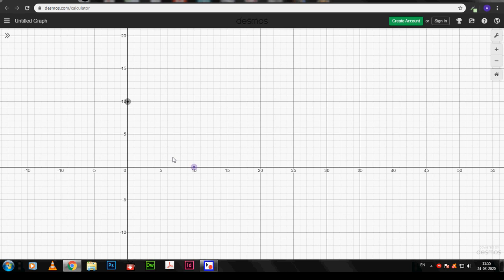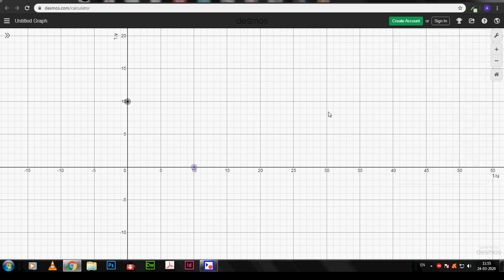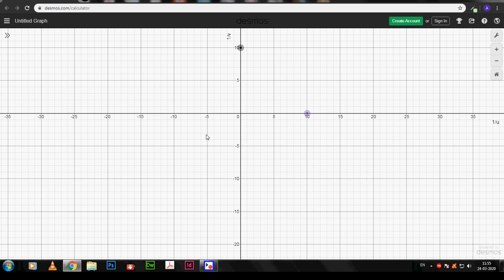So this line is giving me the 1 by u versus 1 by v curve. In the graph, you can define the axis labels like this. This is 1 by u, this is 1 by v. This is for the convex mirror, and in case of convex mirror the 2 points will be on the third quadrant. Thank you.